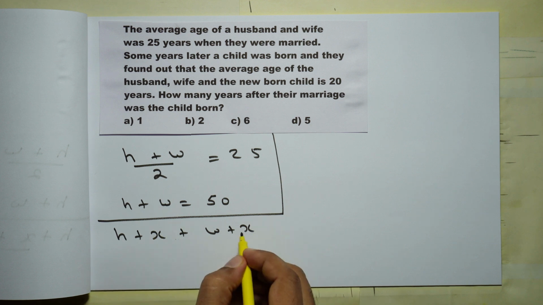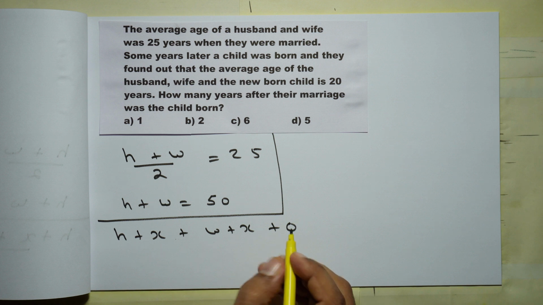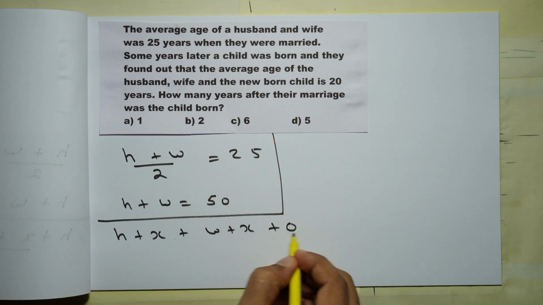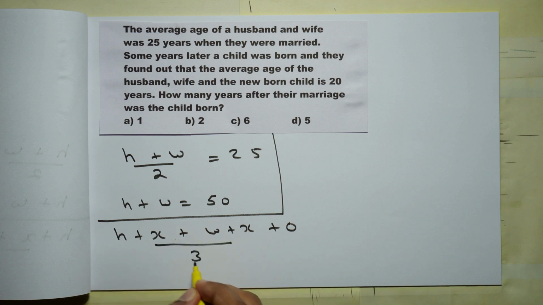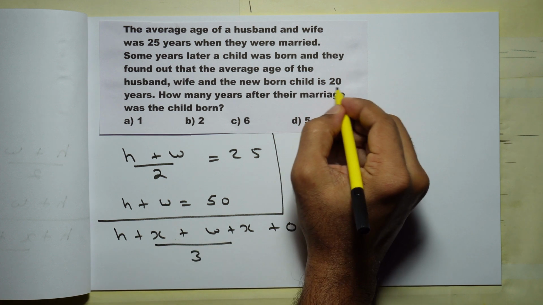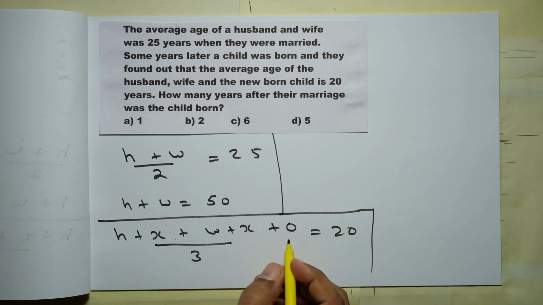So both of them are now X years older and the child's age will be 0 because it is a newborn child. So their total sum divided by number of numbers, which is 3, and this average is now 20. So we'll just solve this equation.